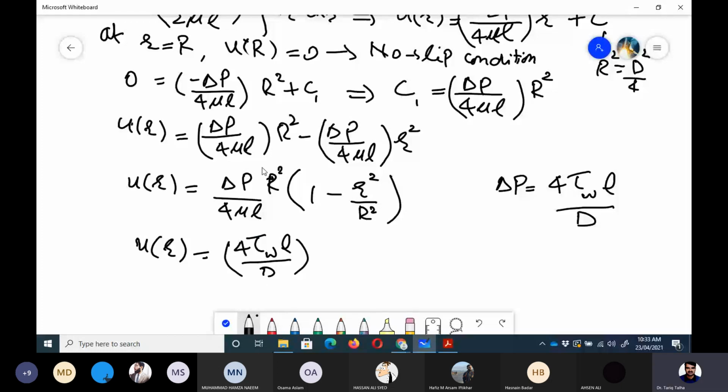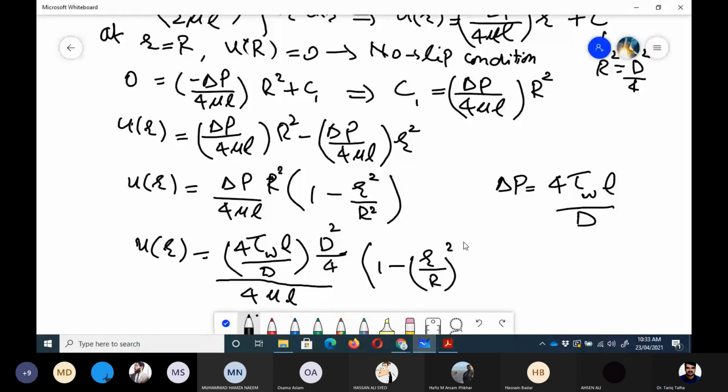Now here we have got R square, so I need to write it in diameter, because there is diameter in this. So I am going to replace it with d square by 4, divided by 4 mu L, 1 minus r upon R square. Right. So now if I do the simplification, the 4 would be cancelled out, d square would be cancelled out with d, and this length would be cancelled out with this length.